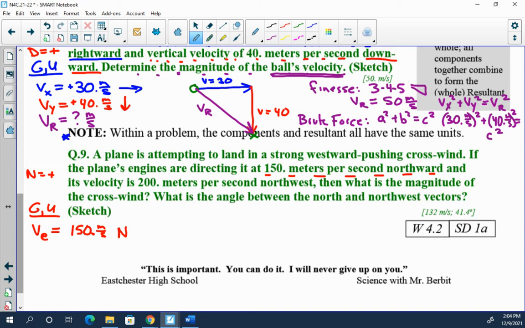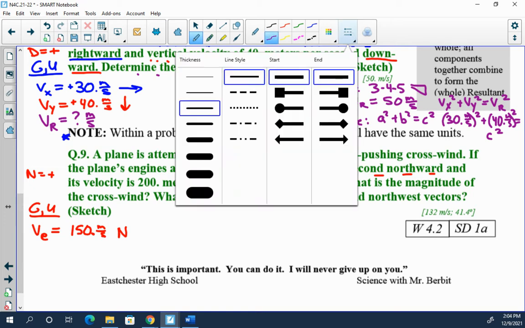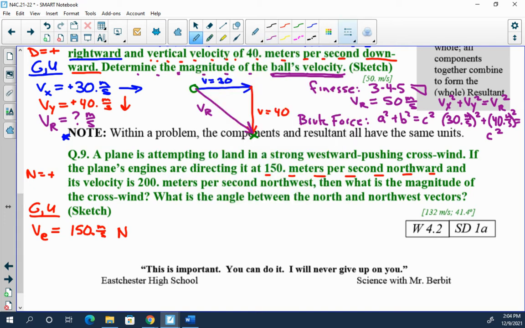And its velocity is 200 meters per second northwest. Oh, wait a minute. Its velocity. What is that? Does it say X or horizontal? Nope.